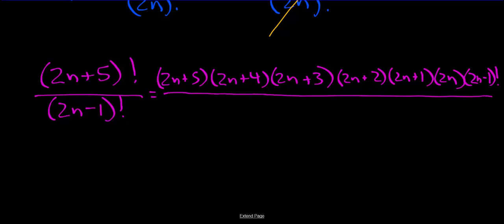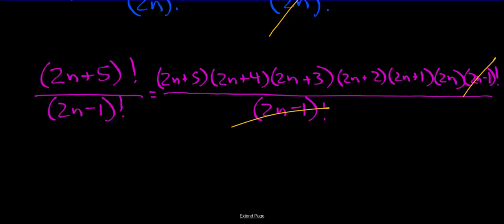That's a long process there. I don't know if it's worth it. I'm just trying to illustrate the process. And then you could just cancel those two and you have that mess up top. But anyway, that's the process that you can go through to deal with these factorials.